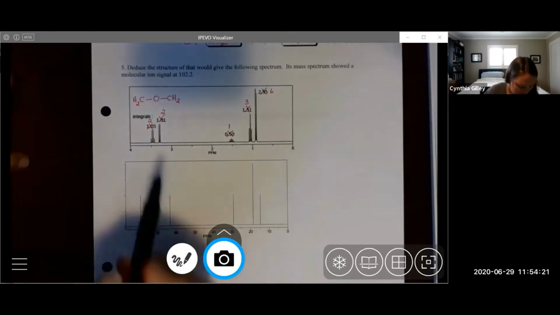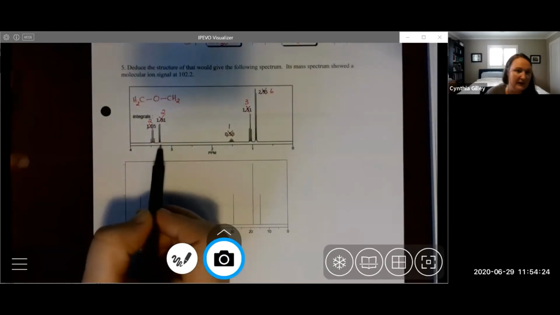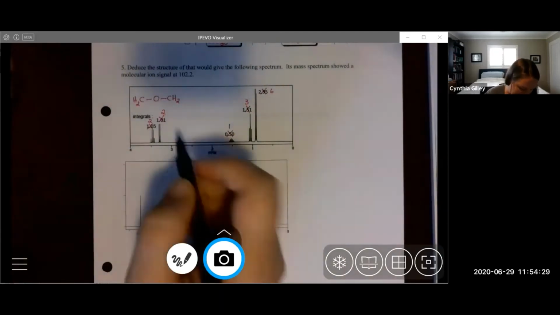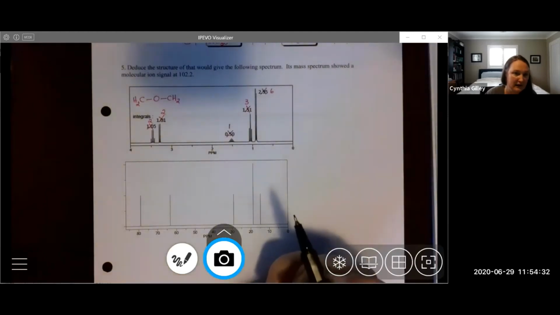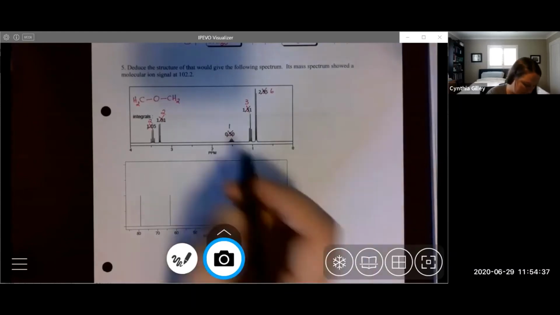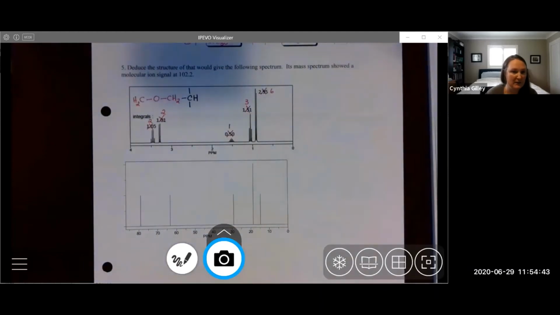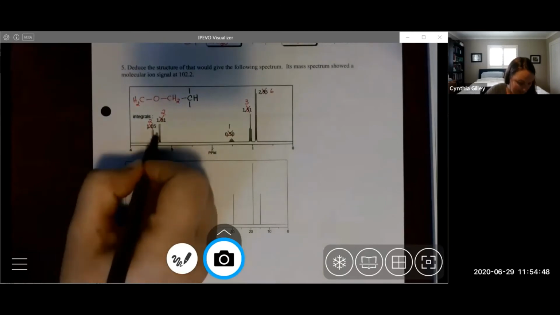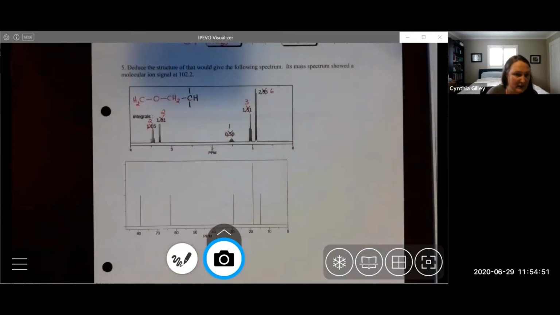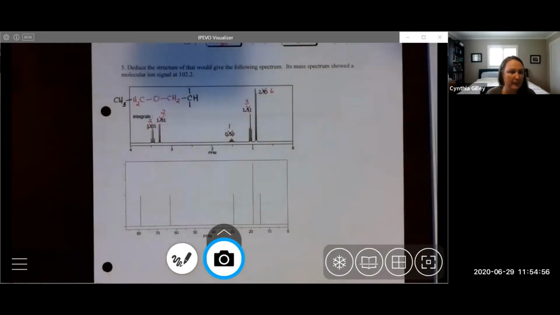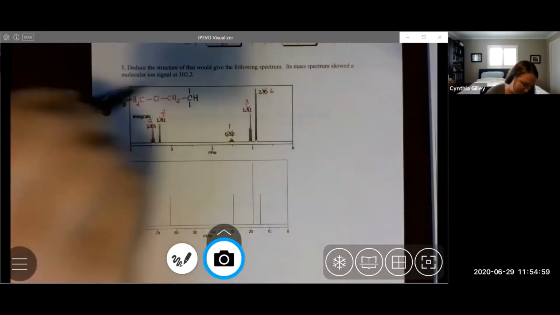And then we look and see, okay, how many neighbors do they have? And we can tell that from the multiplicity. So on one side, there is a doublet. And a doublet means there's only one neighbor. Then on the other side, I have a quartet. So that means that it has 3 neighbors. So this is sort of the signal.